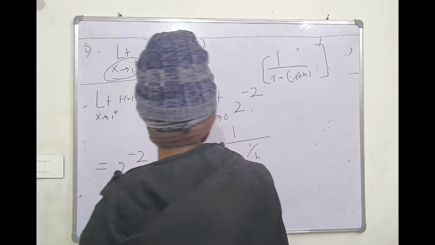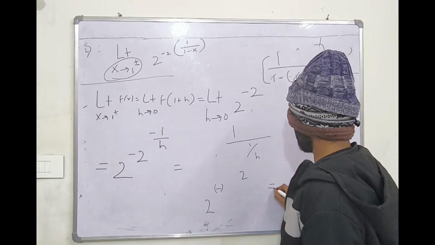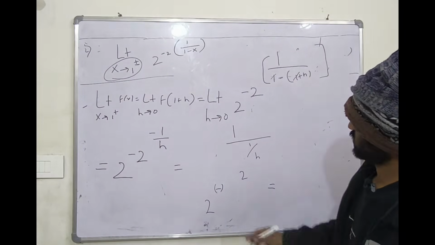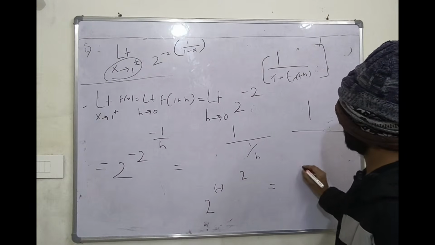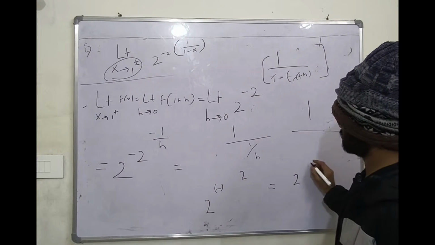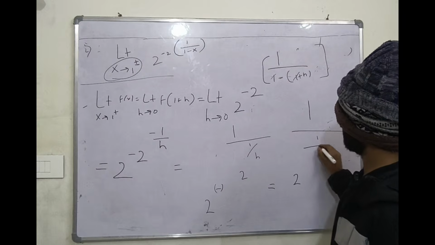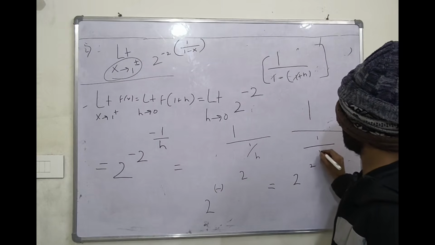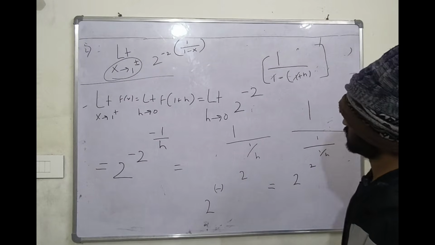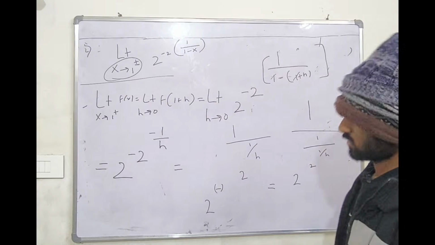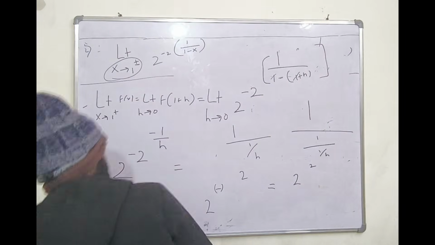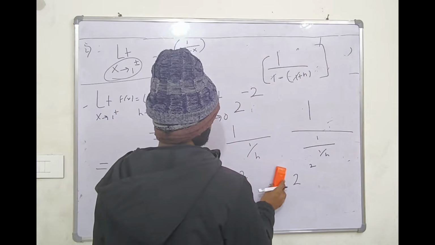Okay, so this is equals to again a power minus m is 1 by a power m, 1 by 2 power 1 by 2 power 1 by h. Okay, so let's erase this.